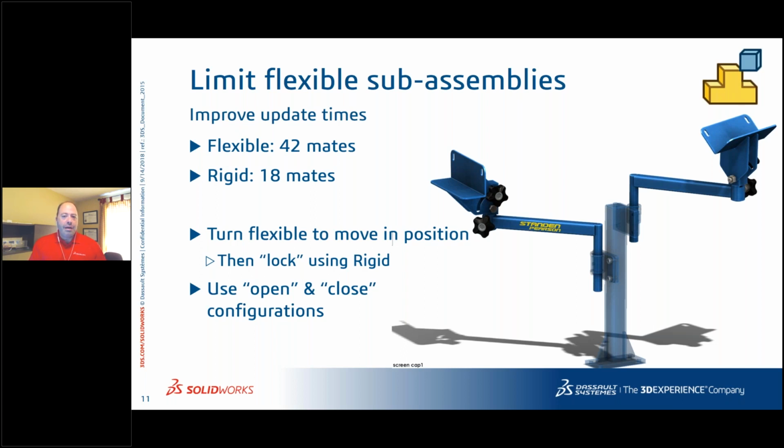Not really compared to flexible subassemblies, because internally, that's transparent for the user, but internally, when you're using a flexible subassembly and doing two positions like you see on the screen here, internally SOLIDWORKS is actually creating configurations, so it's able to show you both positions. So it's not worse than using flexible subassemblies to create configurations. So that's a valuable method of managing those.